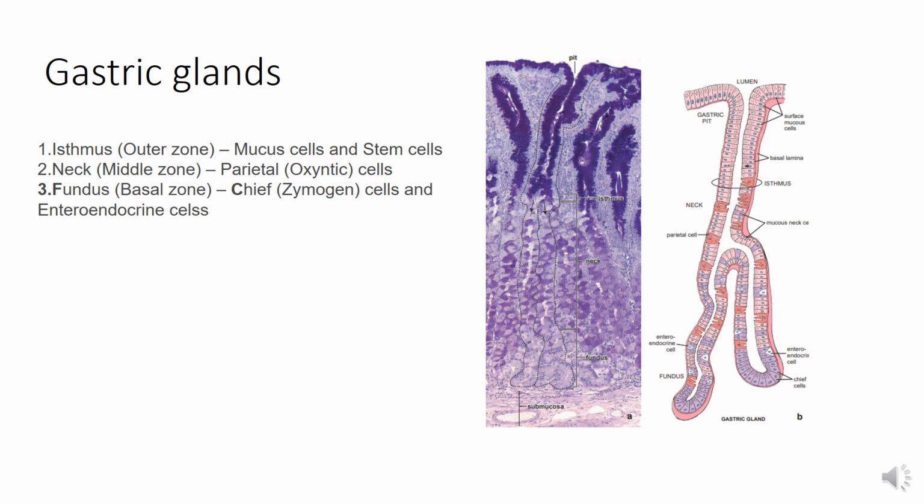The gastric glands, which are found in the fundus and the body of the stomach; the cardial glands, which lie in the narrow region around the inlet of the stomach; and the pyloric glands, which are located in the pyloric antrum and the pyloric canal. Now, the gastric glands, also called the fundic glands, make the greatest contribution to the gastric juice and are responsible for production of acid and most of the enzymes secreted by the stomach.